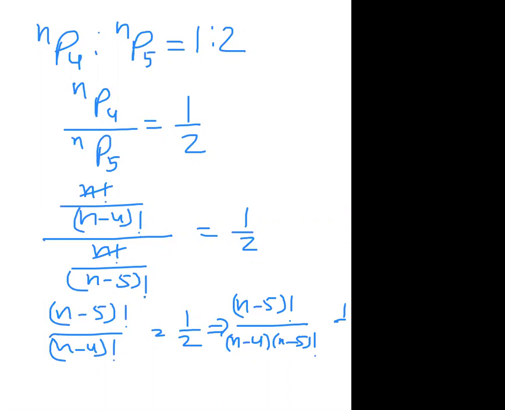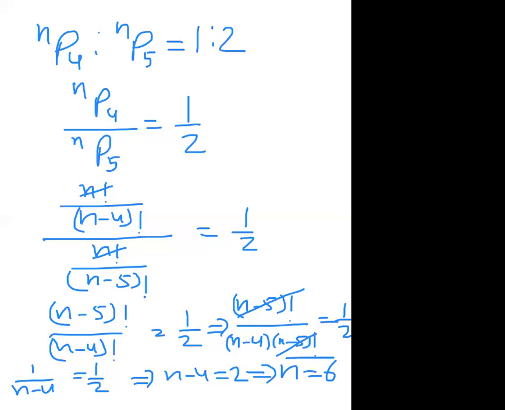The n minus 5 factorial cancels. So 1 upon n minus 4 equals 1 by 2. Cross multiply: n minus 4 equals 2. That implies n equals 6. So in these ways, we will be able to solve such questions.